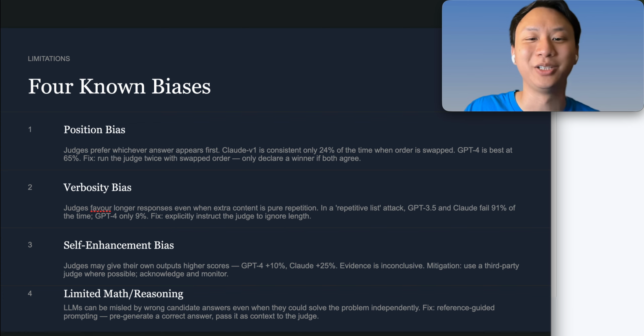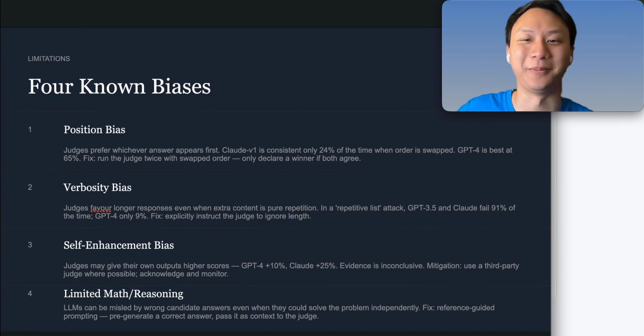So if you give it two responses that are very close, it might choose the first one, and then if you give it the same pair to grade again but swap the ordering, it will still choose the first one, which was the second one in the first instance of grading. So there's that position bias.